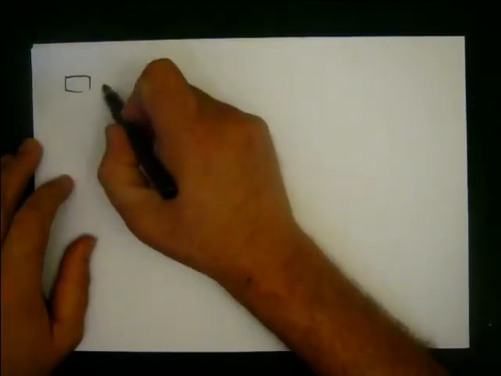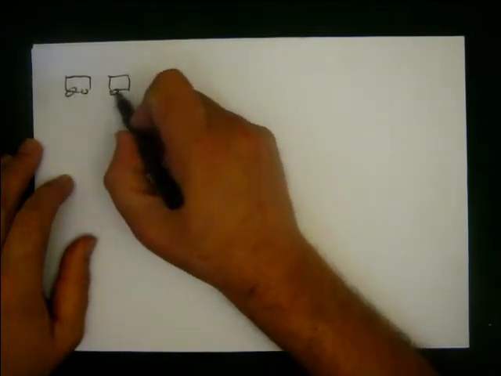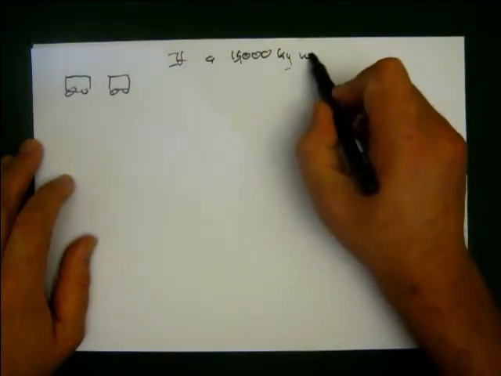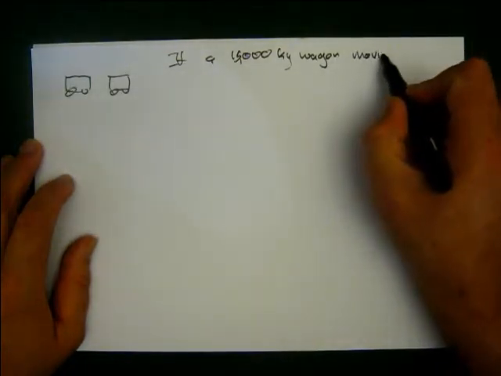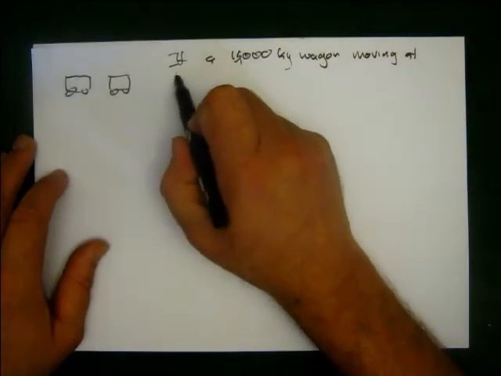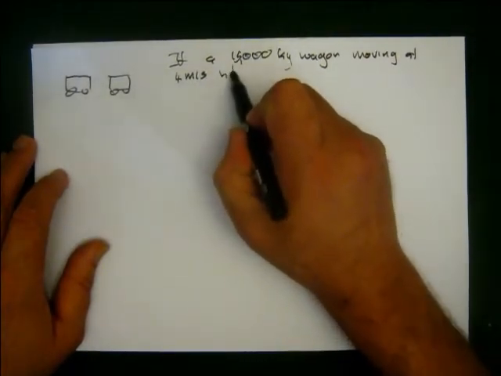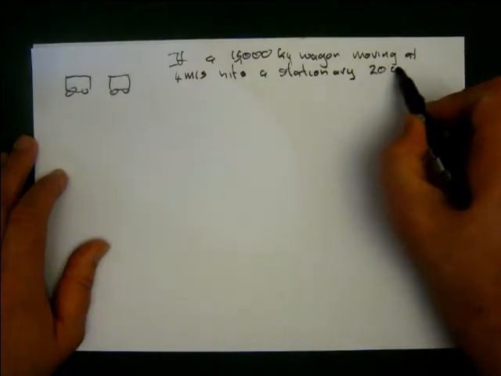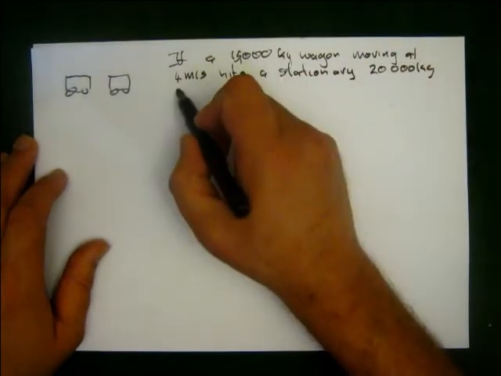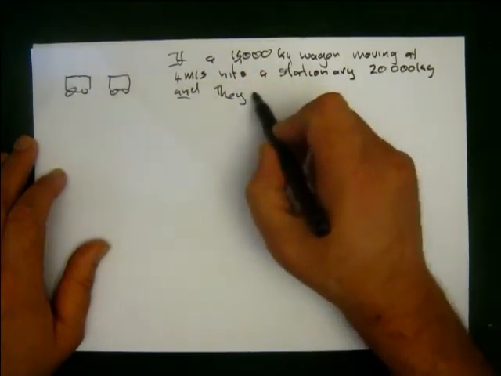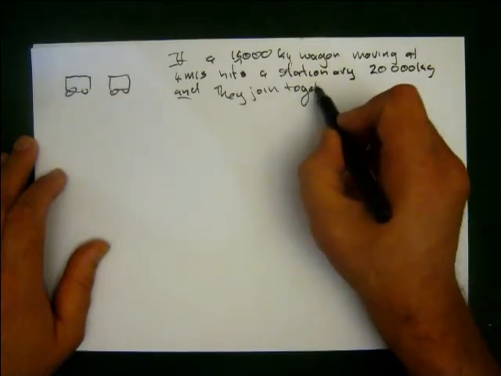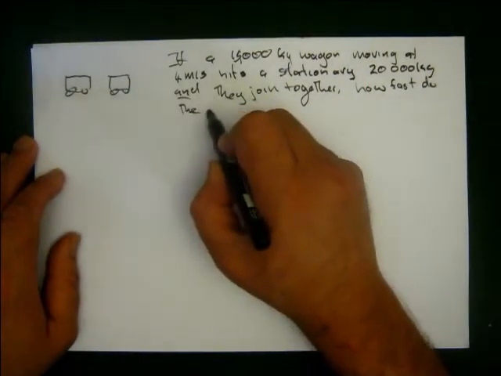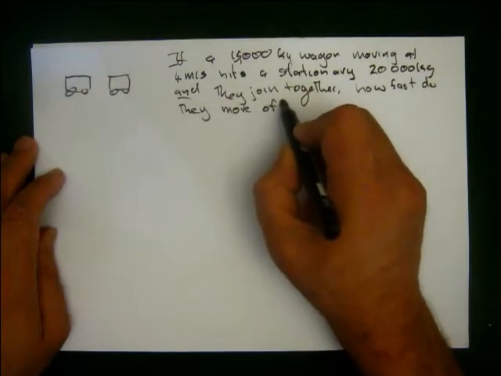If we have two railway wagons, a 15,000 kg wagon moving at 4 meters per second hits a stationary 20,000 kg wagon and they join together, how fast do they move off?